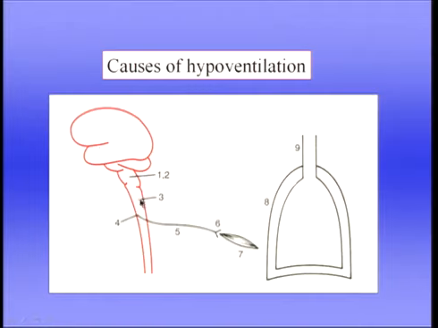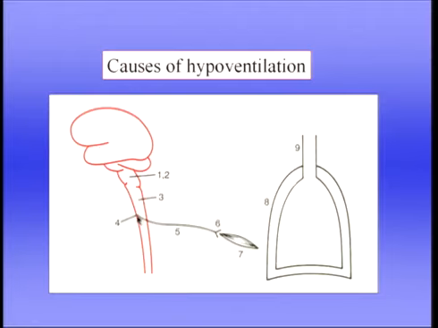Another cause would be interference with the nerve tracts coming down through the spinal cord. For example, dislocation in the neck and compression of the spinal cord. That would cause hypoventilation because that would remove the nervous impulses controlling the muscles of ventilation, which we'll talk about in a later session.